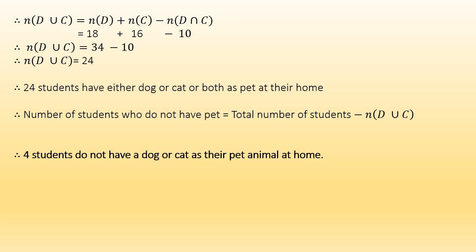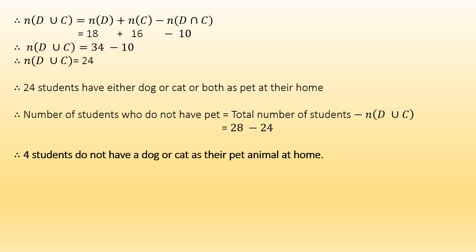When we subtract 28 minus 24, we get the answer 4. We'll write the final statement: 4 students do not have dog or cat as their pet animal at home.